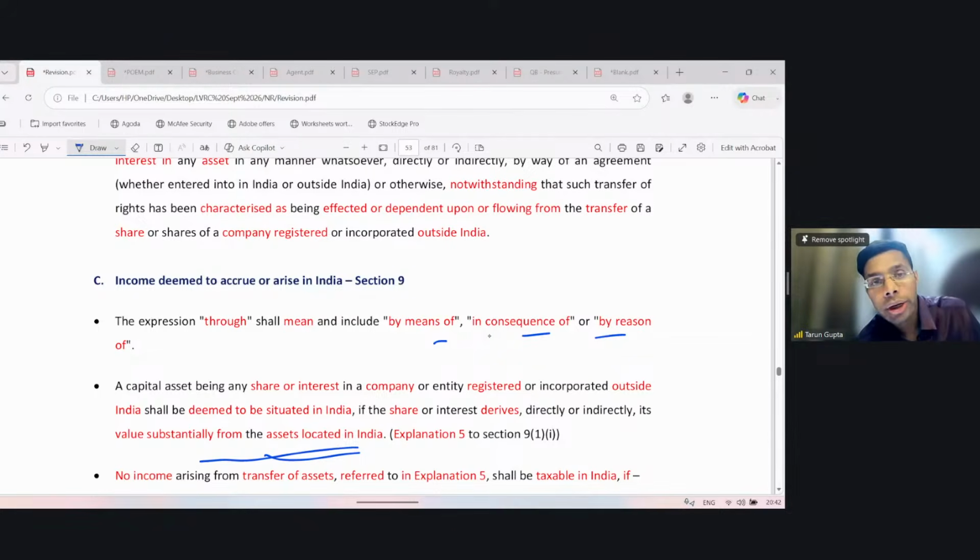Once the capital asset is situated in India, then capital gain on transfer of such shares is deemed to accrue or arise in India.